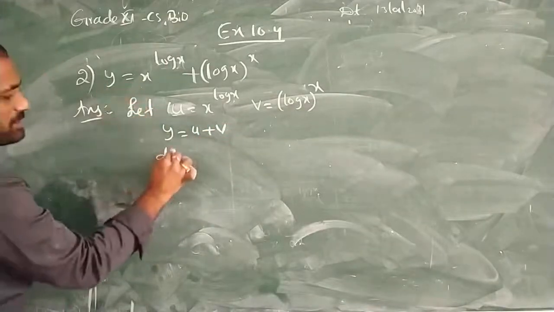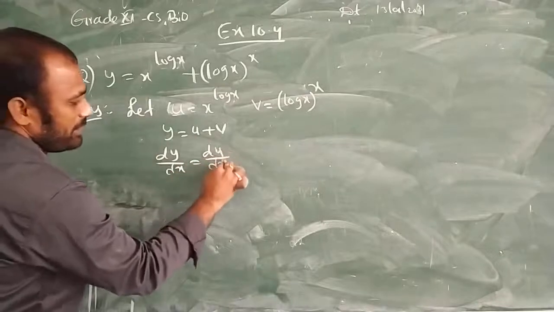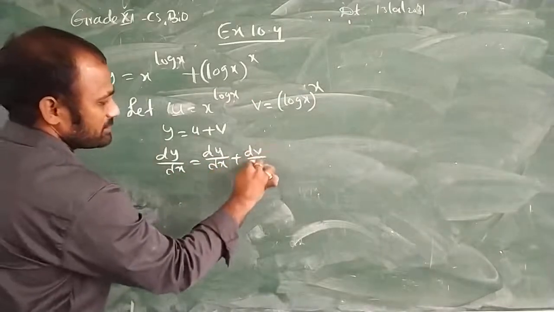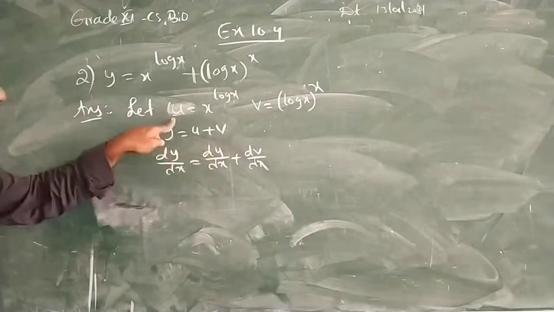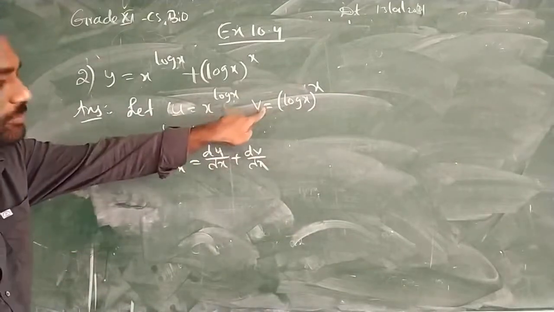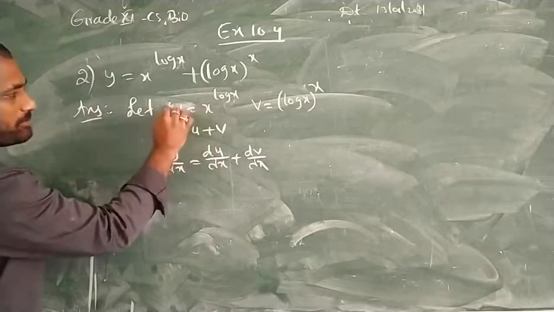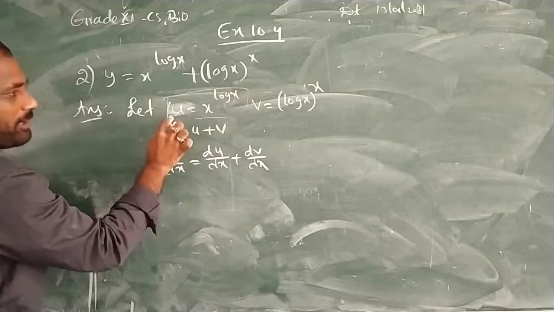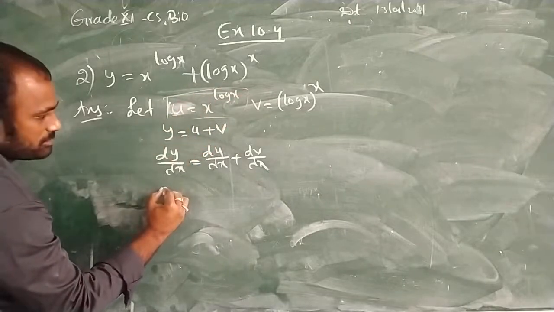If I differentiate with respect to x, dy by dx is du by dx plus dv by dx. So first let us find out the differentiation of u with respect to x and of v with respect to x. So first let me take the u function. Since it is power to power, I need to apply log on both sides.